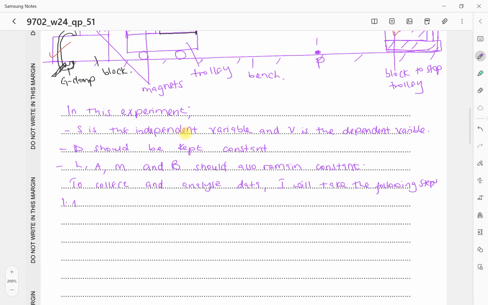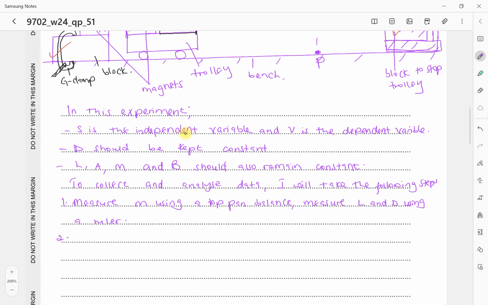So measure M using a top pan balance. L and D using a ruler.